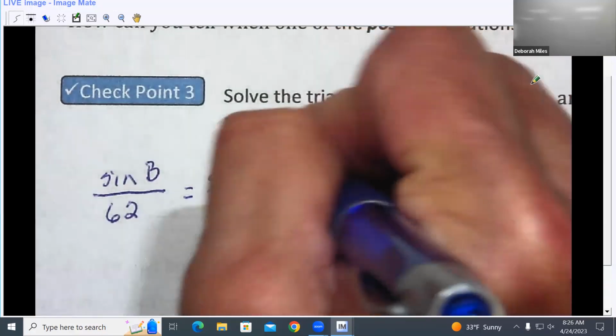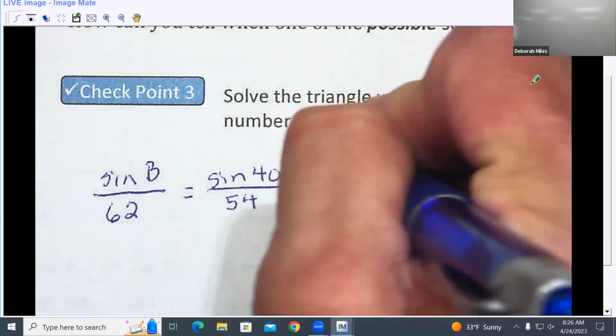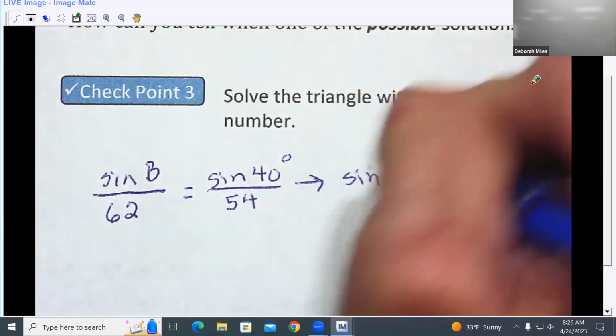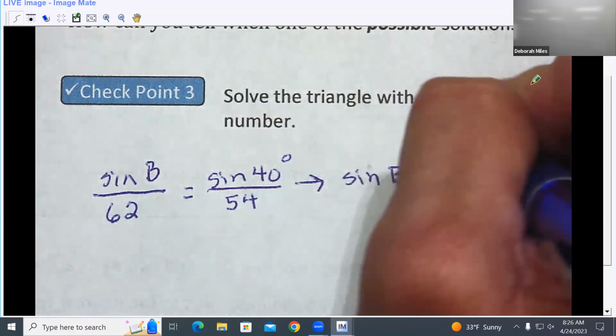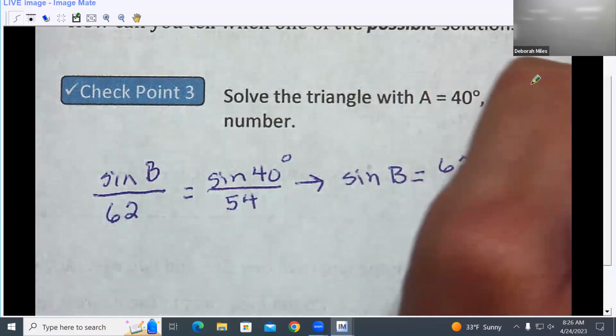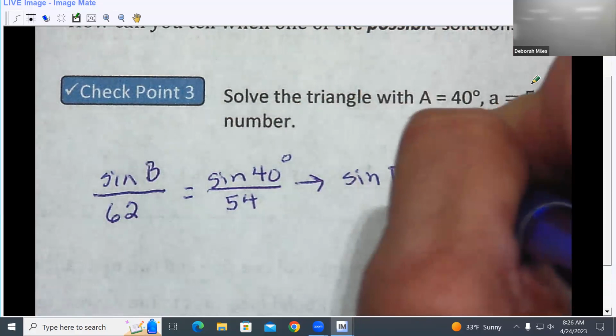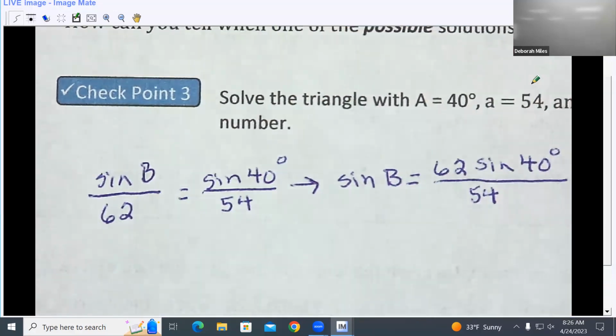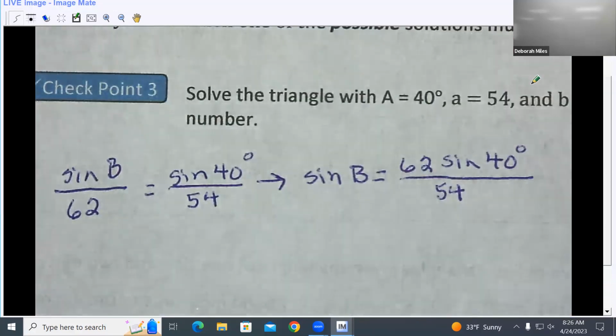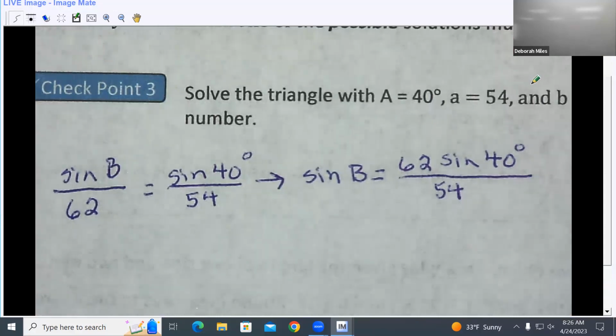And so sine of B equals 62 times the sine of 40 degrees over 54. And we can get a decimal approximation of that right-hand side and tell whether there's going to be no solution, one solution, or possibly two solutions.